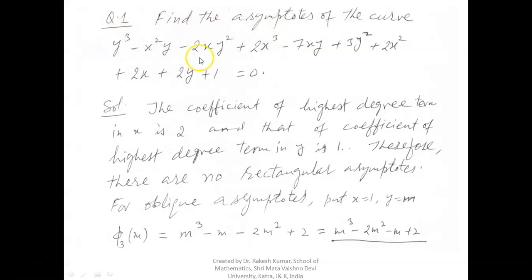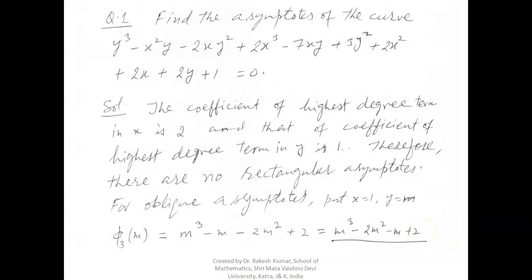So phi 3(m) will be, putting y equal to m and x equal to 1, m cube minus m minus 2m square plus 2. This can be rearranged as m cube minus 2m square minus m plus 2.